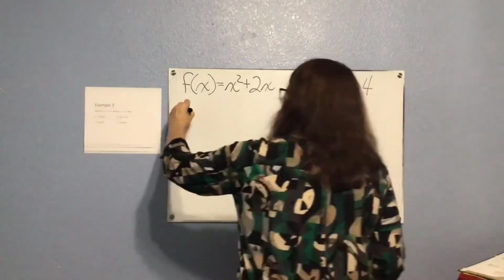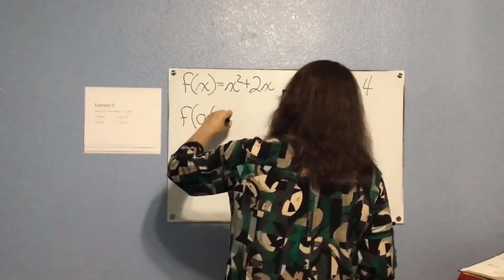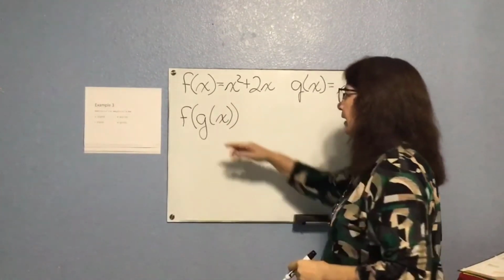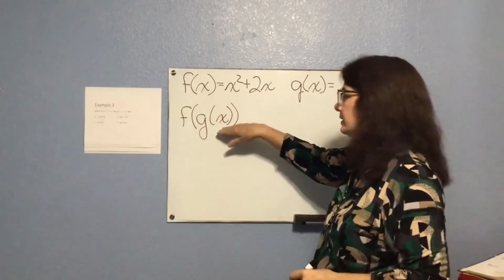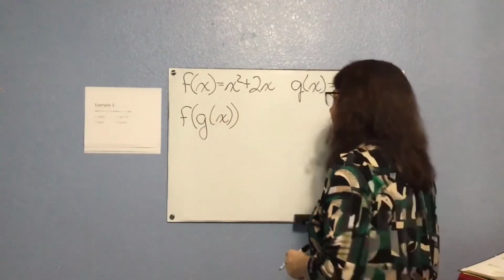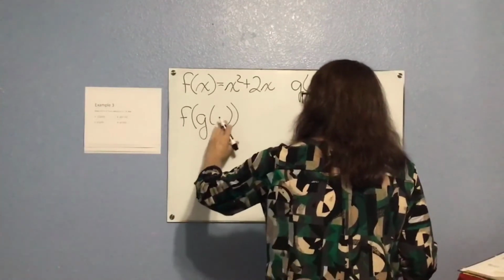And I want to start off with f of g of x. What this notation means is that I'm going to find g of x first, and then use that to find f of x. Let's start with 6 here.